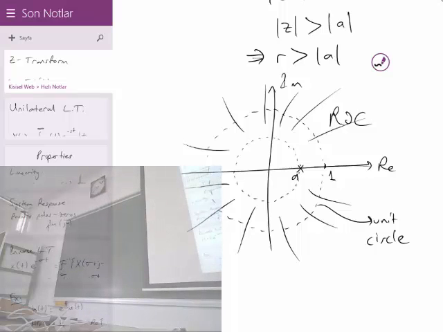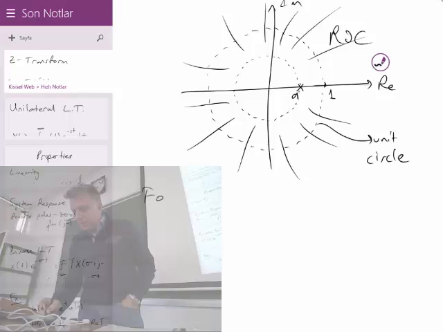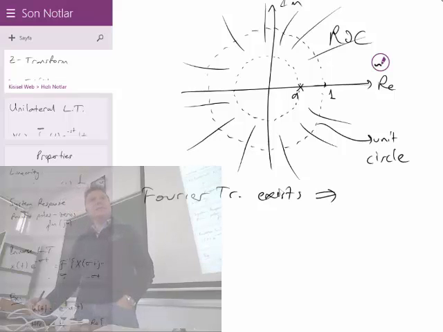That's why if a is greater than 1 in magnitude, the Fourier transform doesn't exist. The existence of the Fourier transform means that, if it's a system impulse response, if it's not a signal x of n but h of n, for example, then it corresponds to a system. Then we say that the system is stable.